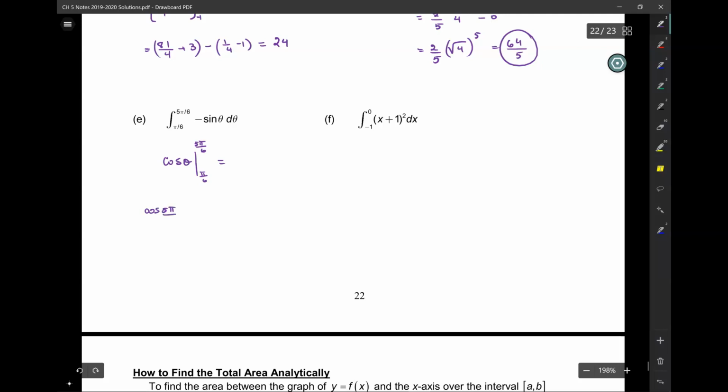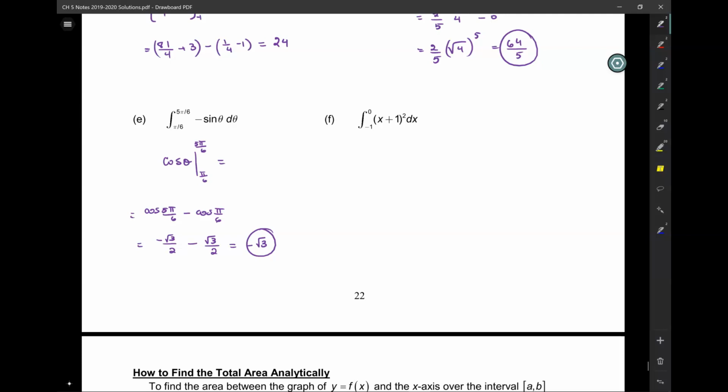Cosine 5 pi over 6 minus cosine pi over 6, right? These are your root 3 over 2's. So negative root 3 over 2 minus another root 3 over 2 is negative root 3. Yeah. All good?